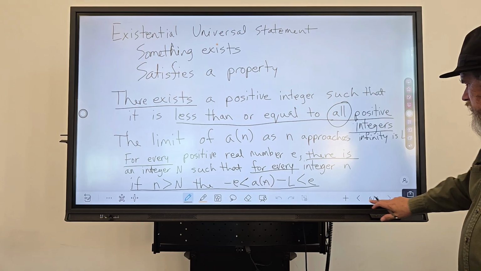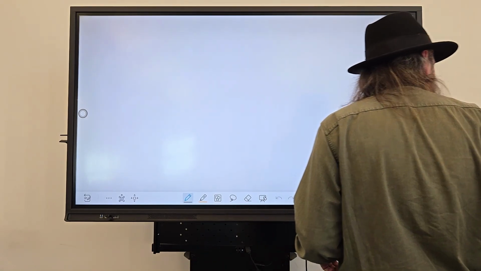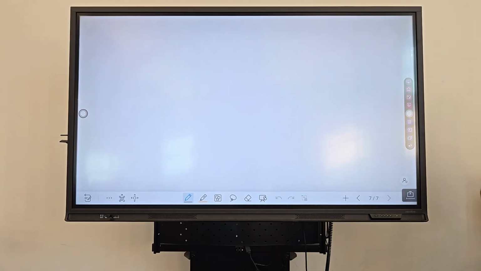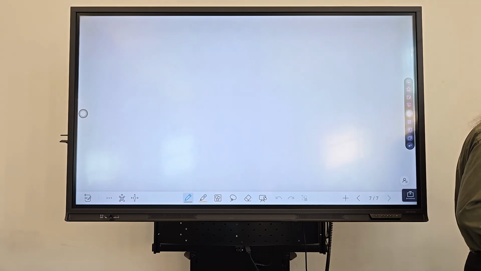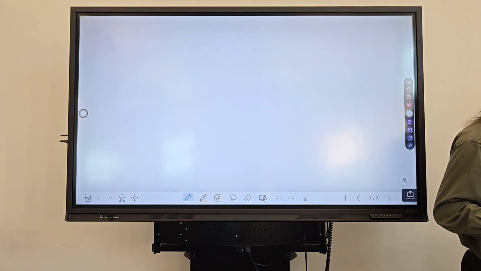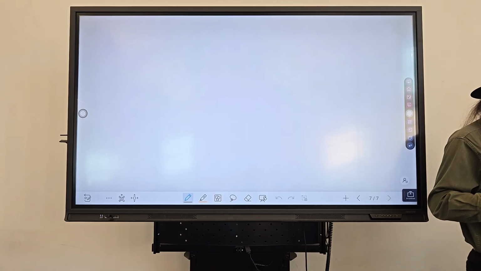So the definition of the limit of a sequence, the limit of a sub n as n approaches infinity is L, can only be defined using phrases that are universal, existential, and conditional.